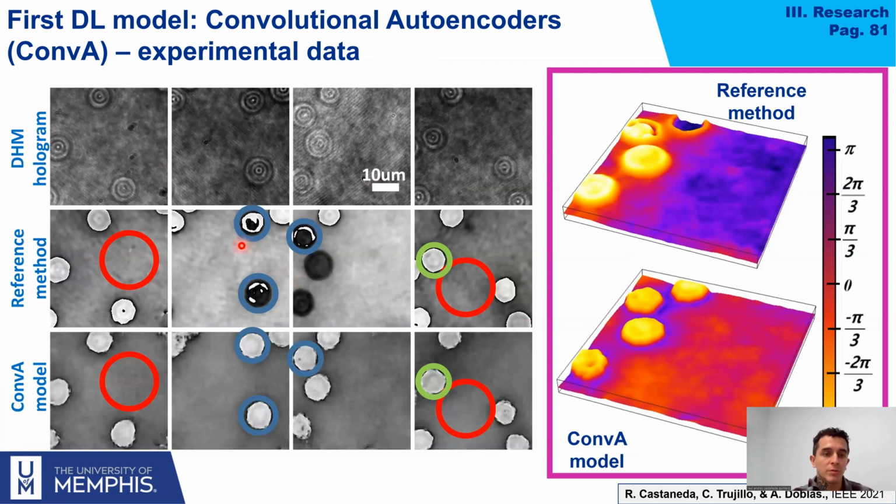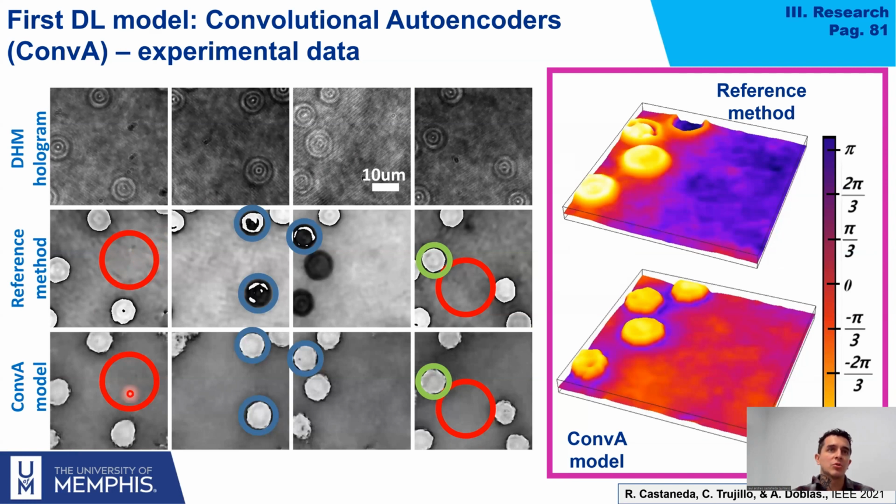So the holograms, the reconstruction using the reference method, and the reconstruction using the convolutional model. In this image, we can notice some important features. Let's start with the red circles.